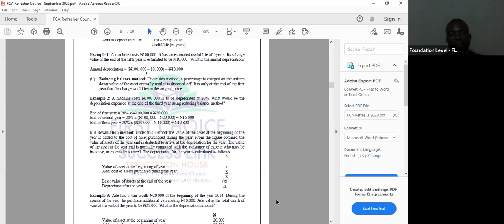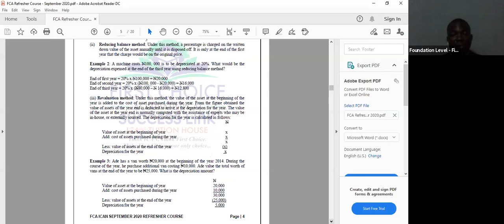So let's look at question 3 that helps us to explain that better. Ade has a van worth 20,000 at the beginning of the year 2014.